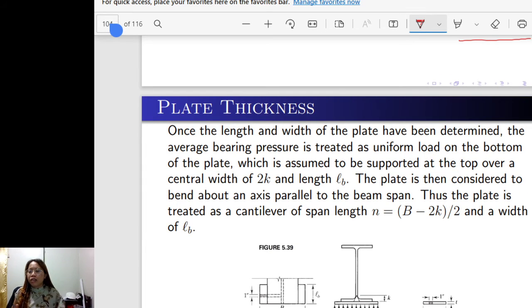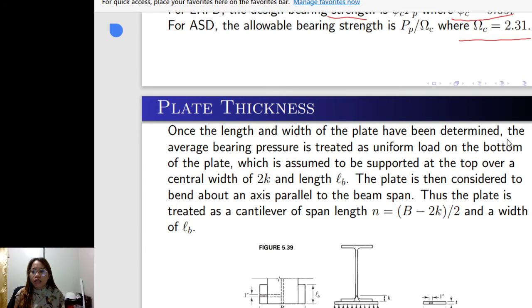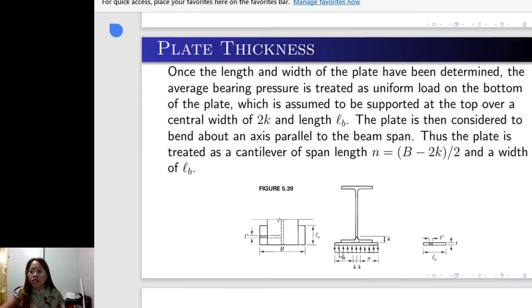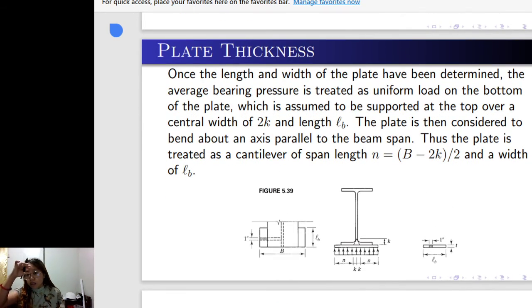once the length and width of the plate have been determined, the average bearing pressure is treated as a uniform load on the bottom of the plate, which is assumed to be supported at the top over a central width of 2K and length L sub B. Like for example, this one is actually the top view.